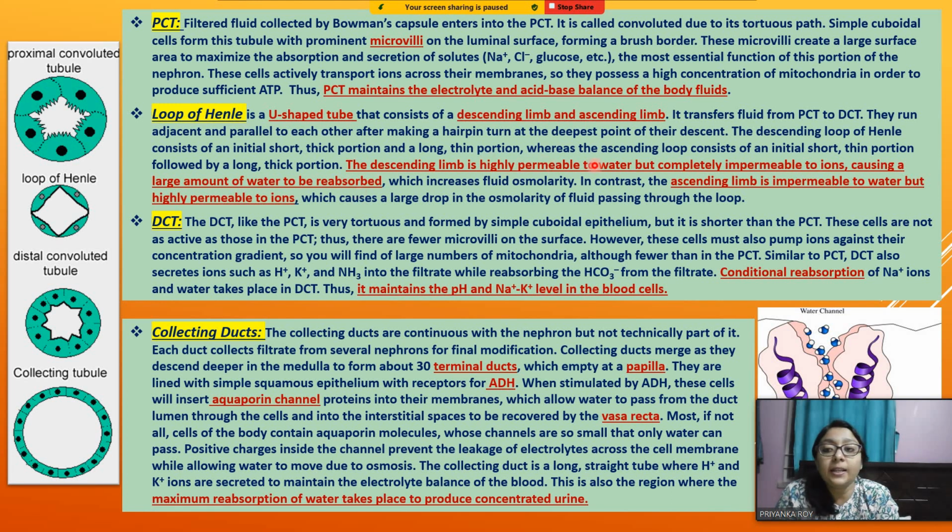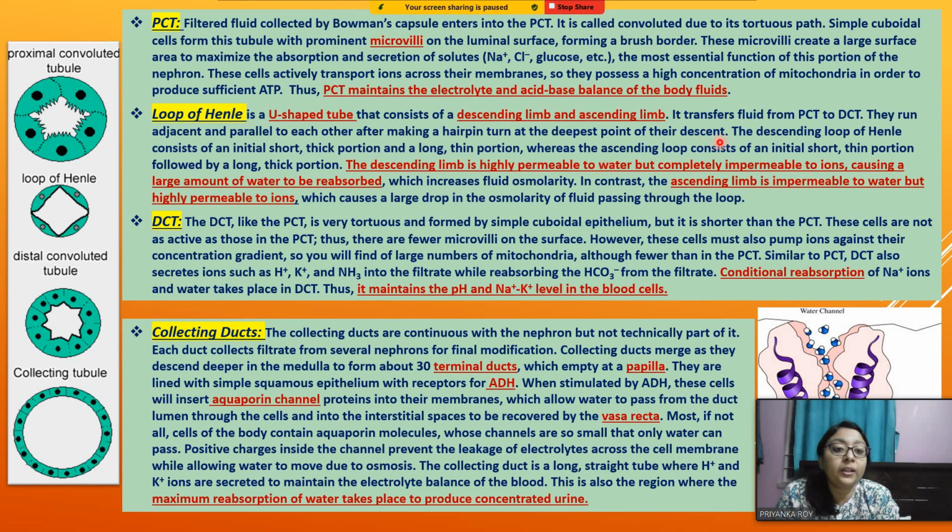So the descending limb is highly permeable to water, but it is completely impermeable to ions. So therefore a large amount of water is reabsorbed over here, and therefore the fluid osmolarity is increasing.